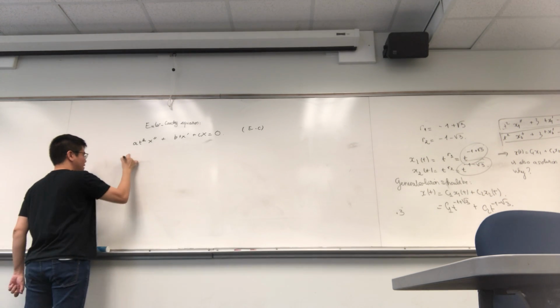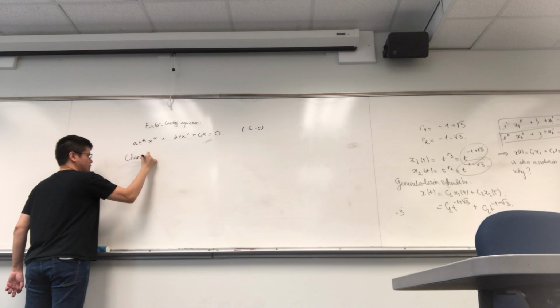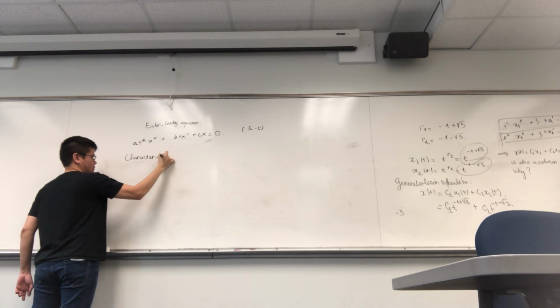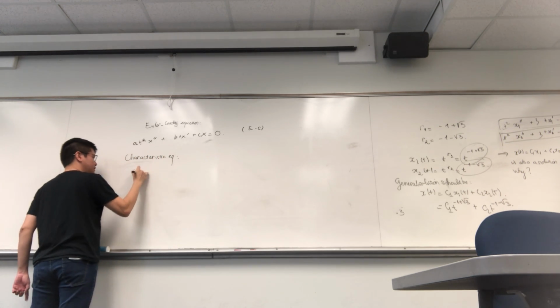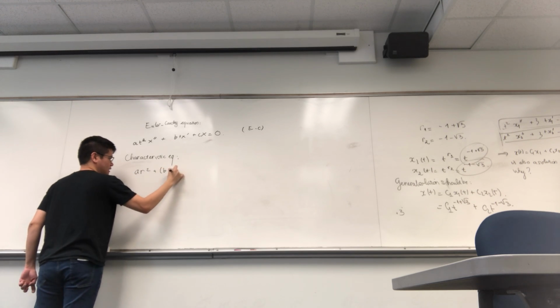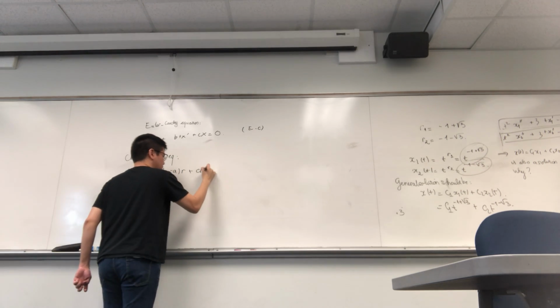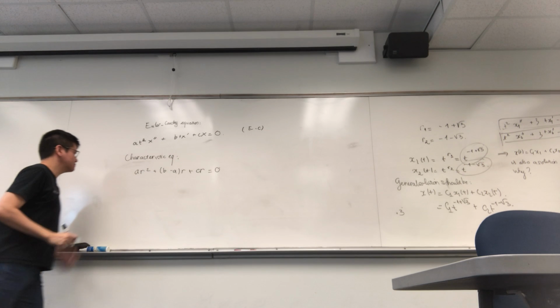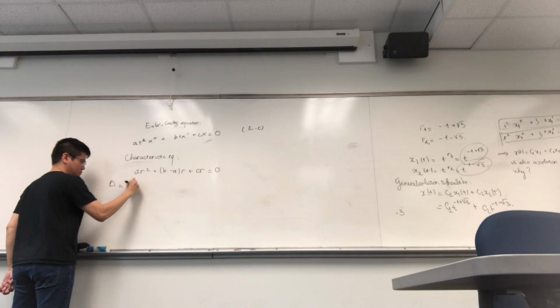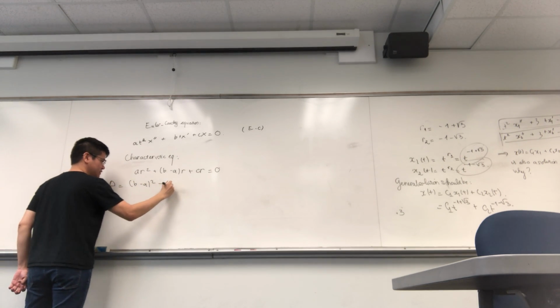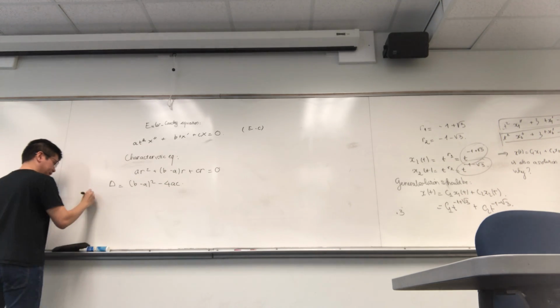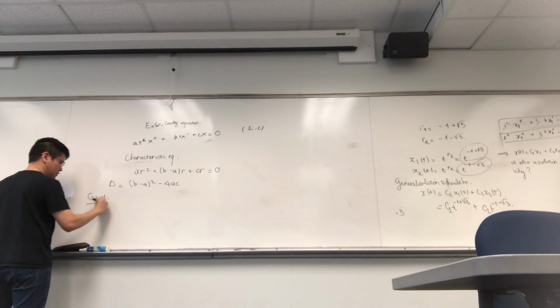So again, this is the characteristic equation: a r squared plus (b minus a) r plus c is 0. The delta will be (b minus a) squared minus 4ac. Case number 1: delta is positive.